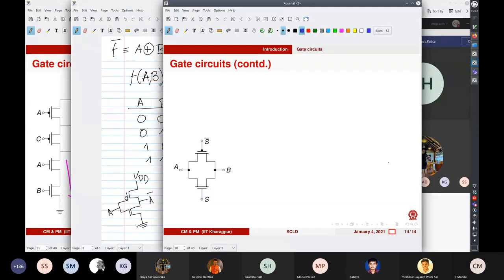When S is high, the gate of this PMOS transistor is at a high voltage, and the lower one is an NMOS transistor. For the NMOS transistor, the gate is at a high voltage, and for the PMOS transistor, the gate is at a low voltage, because that is S bar.